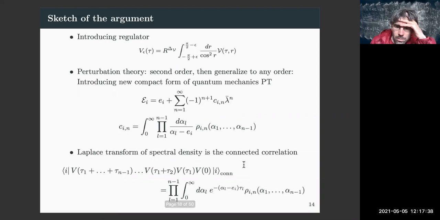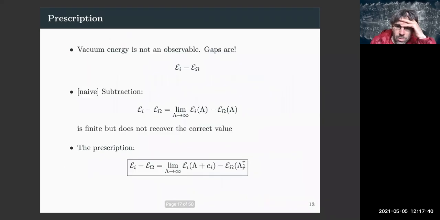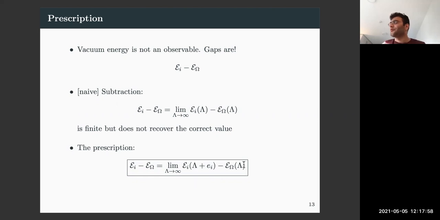But before that, can you comment on this prescription? Why are you allowed to use perturbative data in formulating the prescription? I'm a bit worried about the fact that E_i appears in this equation, a small E_i. That's true. In fact, this is maybe a problem with this prescription.